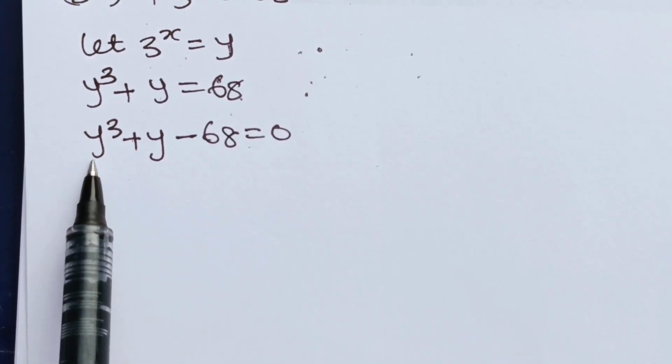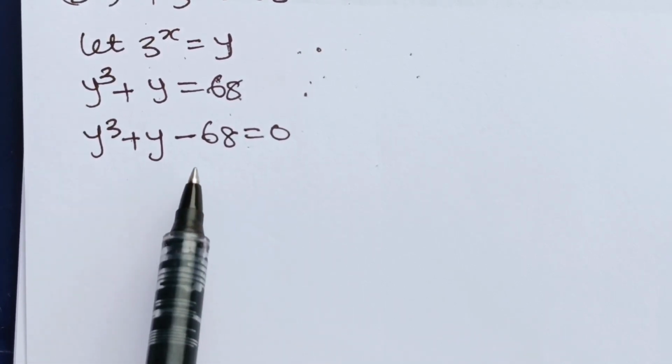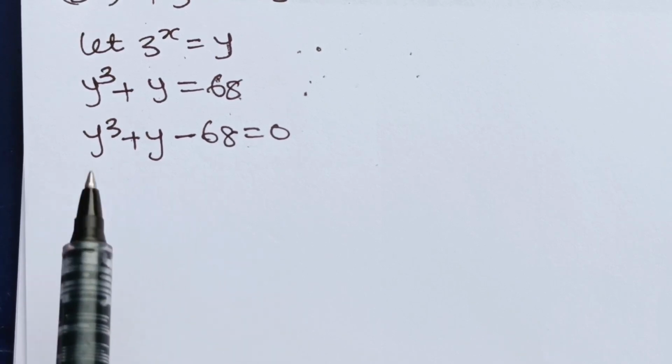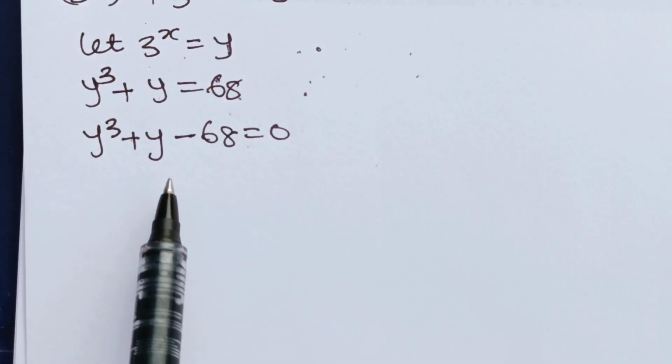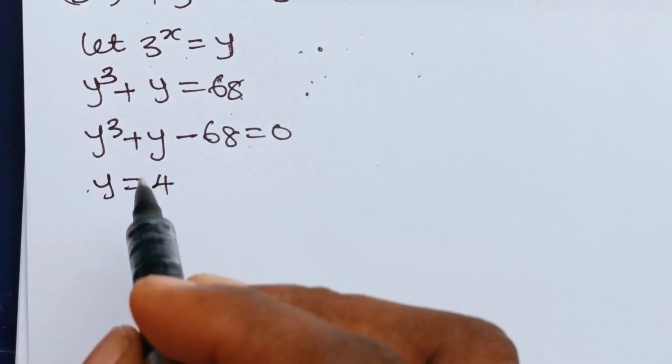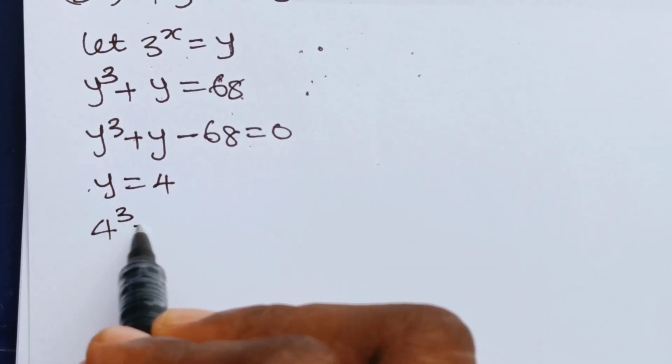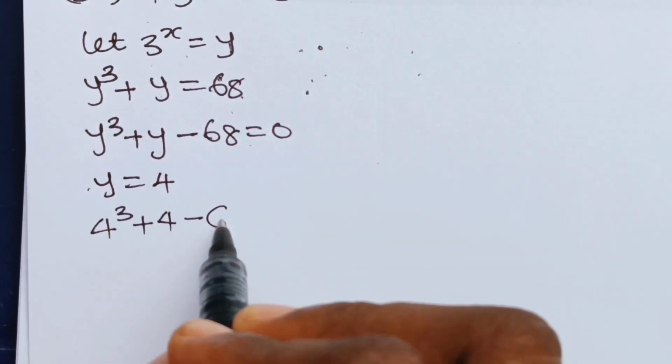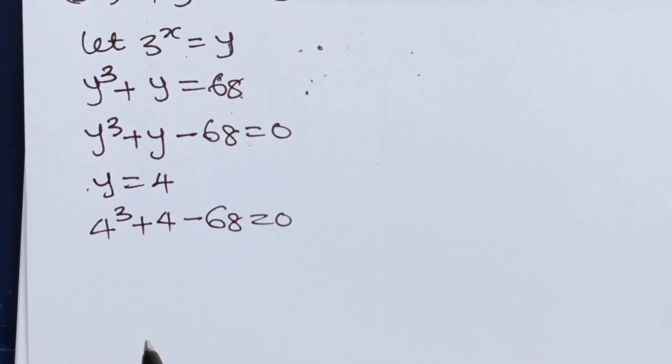Now, what value of y will satisfy this equation? If you try 1, 2, 3, you notice that 4 will satisfy this. So if y is equal to 4, let's try it out. We are going to see that 4 to the power of 3 plus 4 minus 68 is equal to 0.